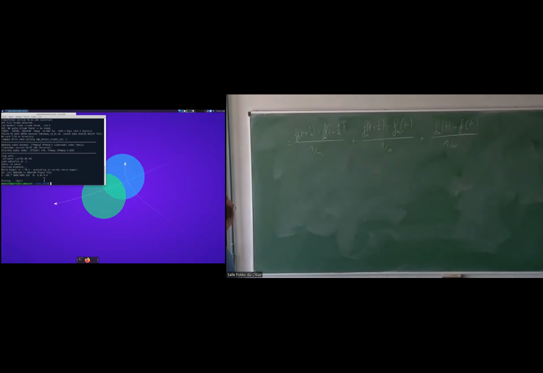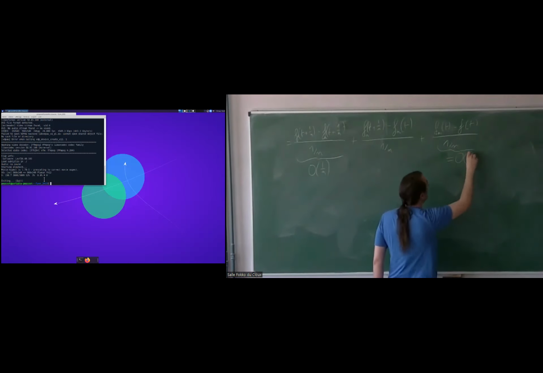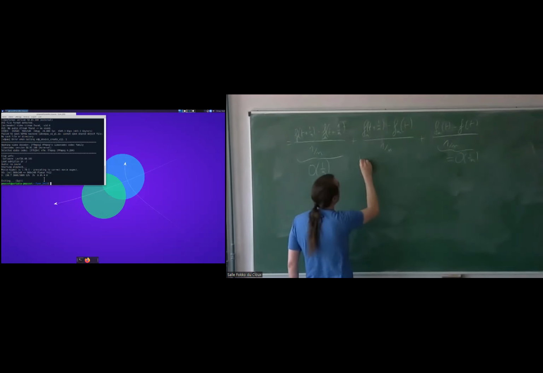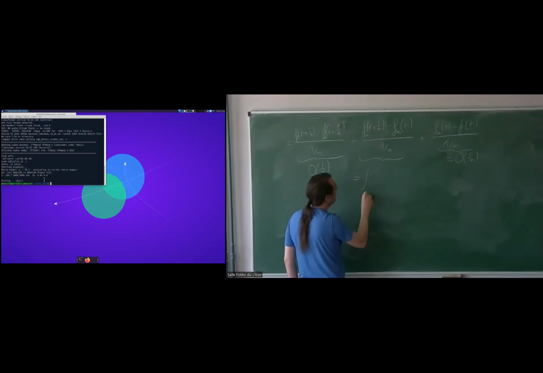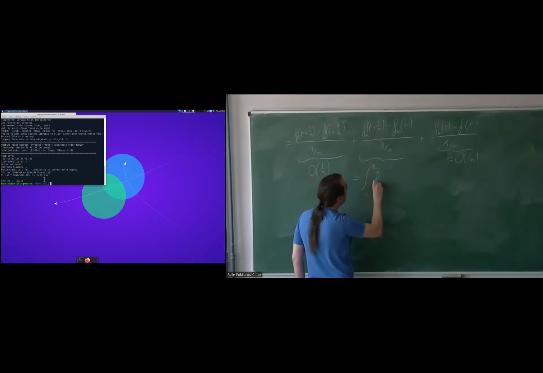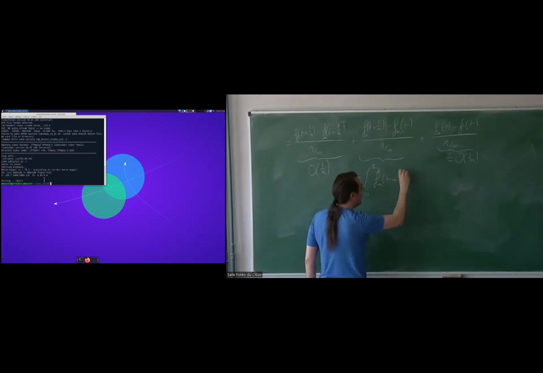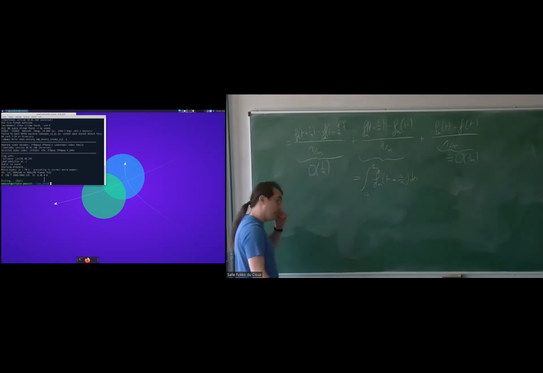I think it's okay. So that first one is big O of 1 over n, and then I multiply by n, so this is big O of 1 over n, and the same here. And this is the integral from 0 to 1 of fn dot of t plus s divided by n ds. I'm just using the fundamental theorem of calculus to write this.